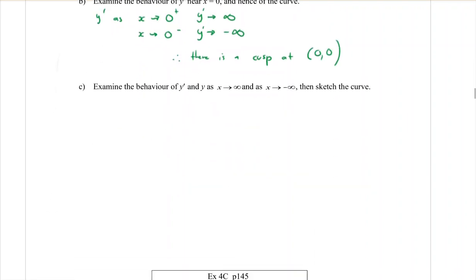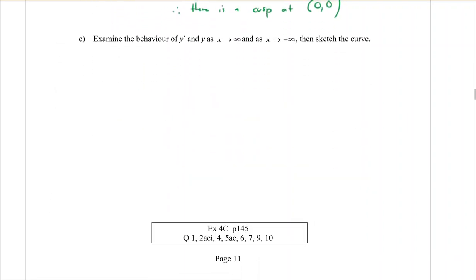Part C, examine the behavior of y dash and y as x approaches infinity and x approaches negative infinity, and then sketch the curve. So we want to see what's happening for our very large values of x. So x approaches infinity, x is approaching negative infinity.